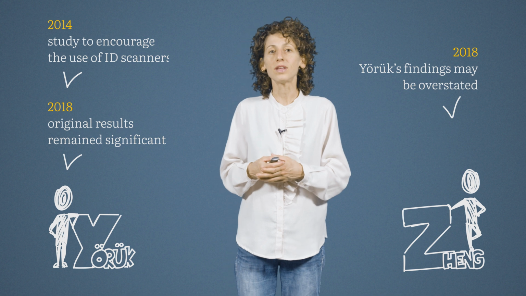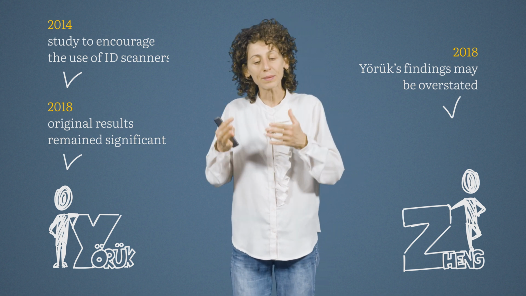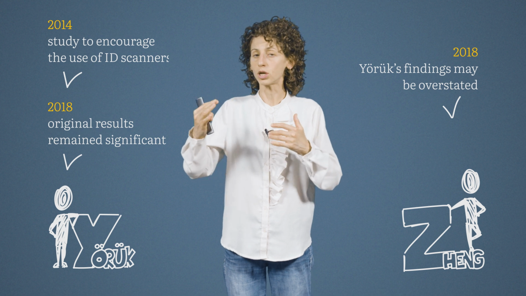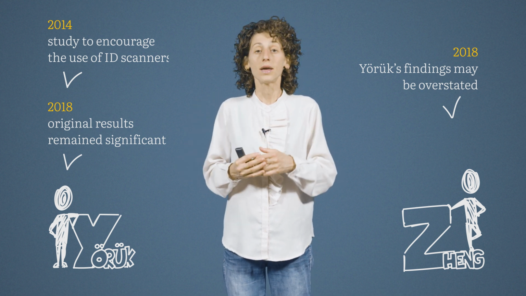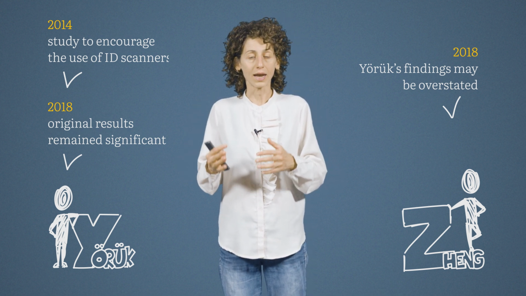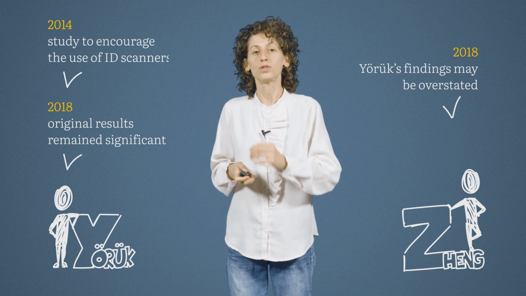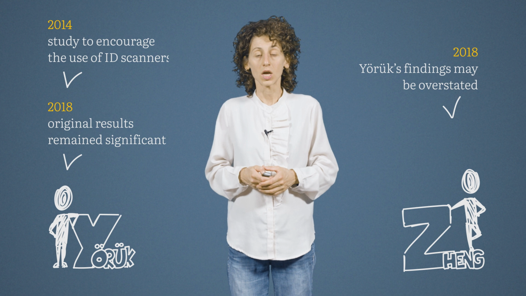He pointed out that his original results remained significant even when adjusting for additional statistical controls, and that the diff-in-diff model accurately captured the law's impact on reducing underage drinking.